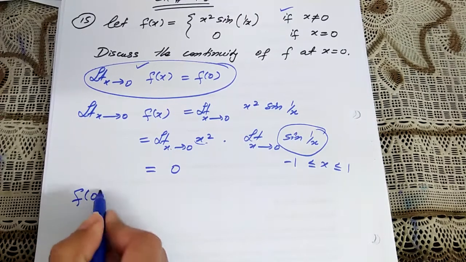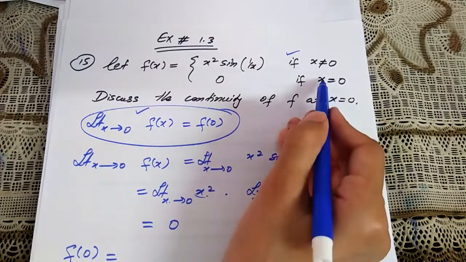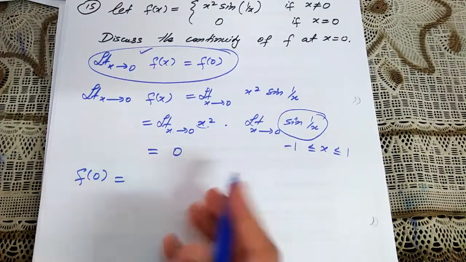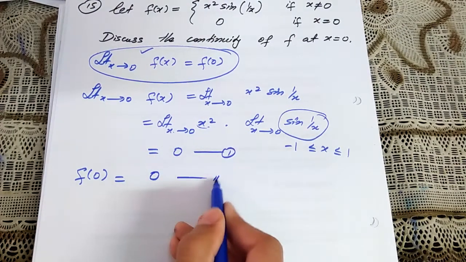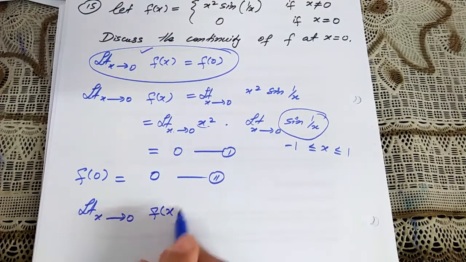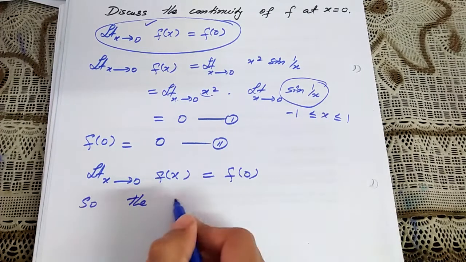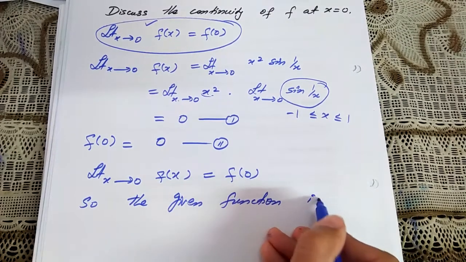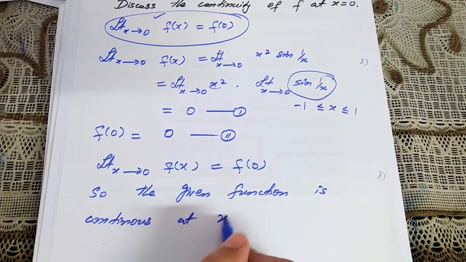And if I consider the direct value, putting x equal to 0 in the function, f of x is equal to 0. So this will give me 0. So from equation 1 and equation 2, we can say the limit as x approaches 0 of f of x equals f of 0. So the given function is continuous at x equals 0.